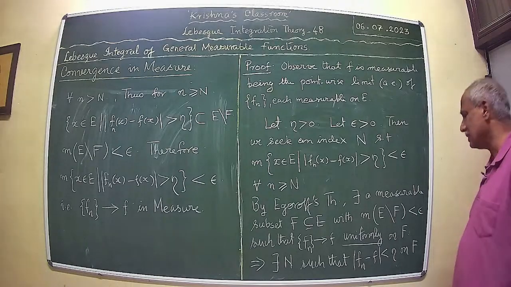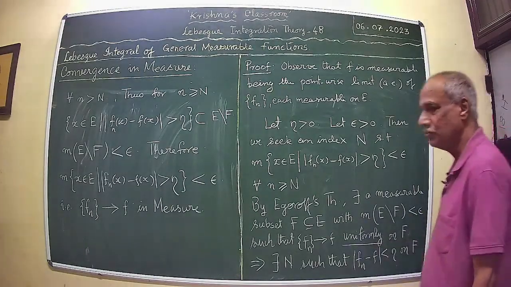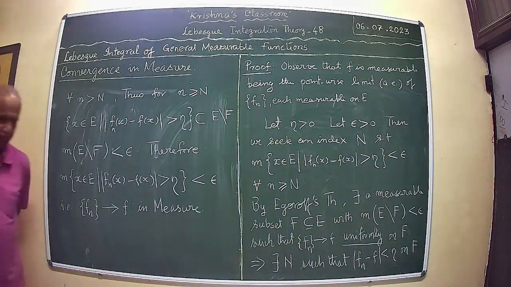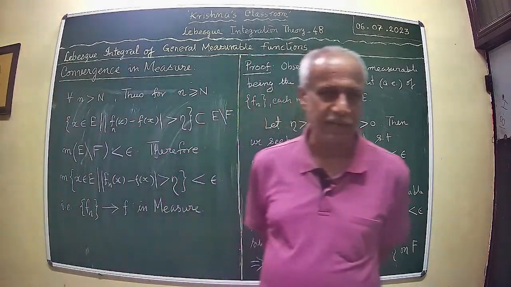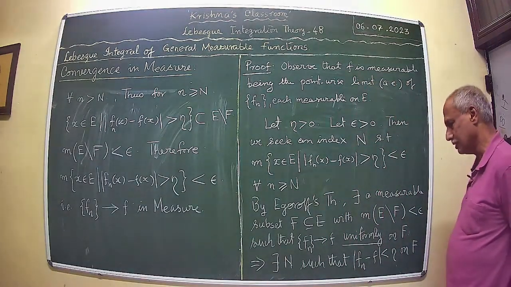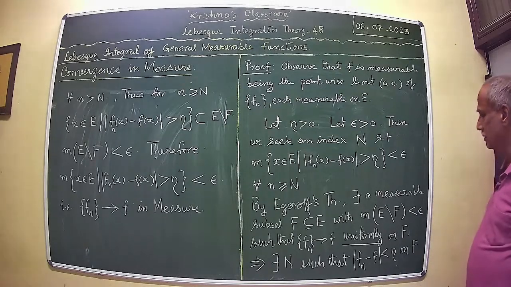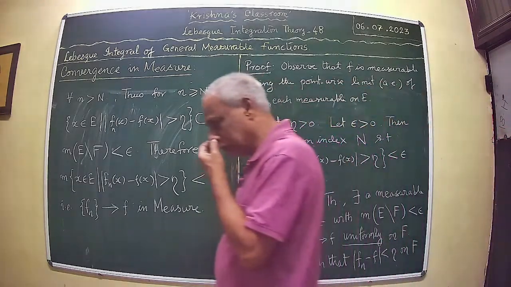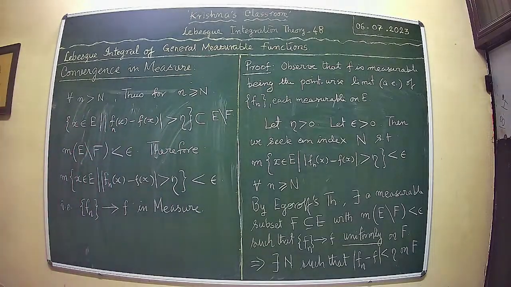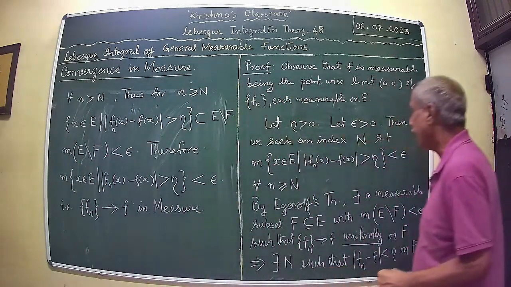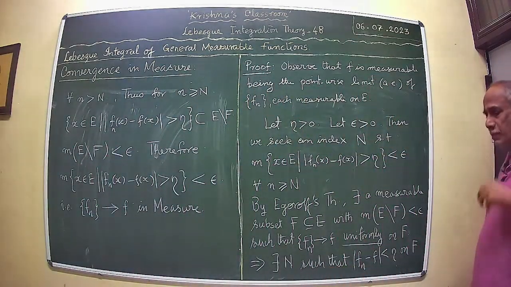Now you see that this is an important factor. If E is not a finite measure, for instance on the whole interval R or on a half interval 0 to infinity, then if you take a subset of finite measure from it, like F, then the complement of that will have infinite measure.